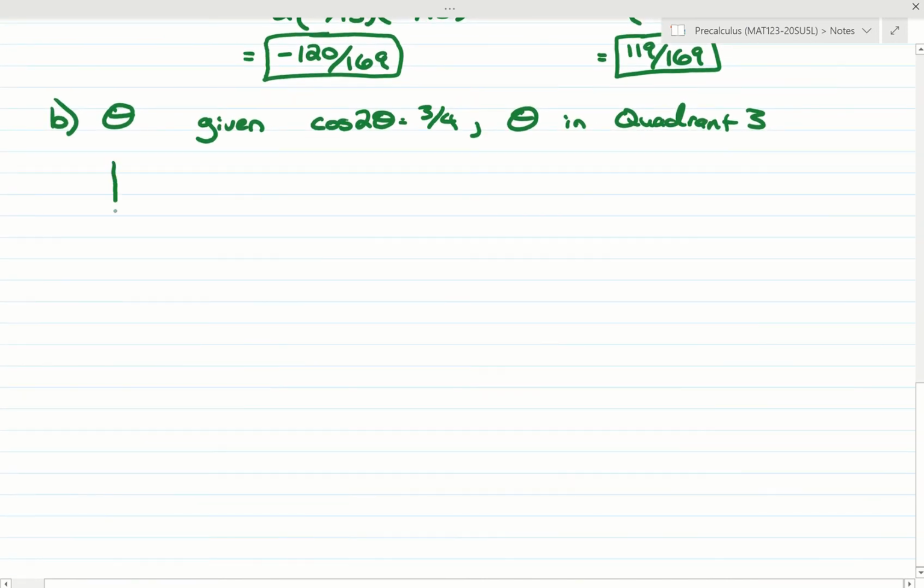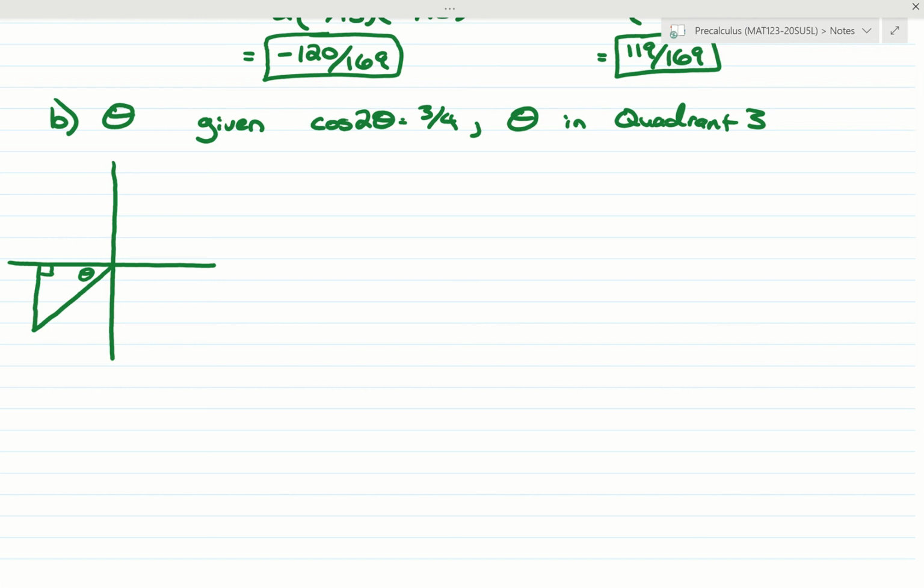Okay, so let's set things up. We're in quadrant 3. So we know that much. And we know that the cosine of 2 theta is 3/4.